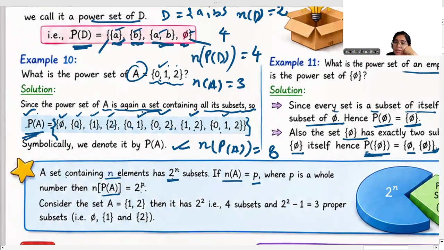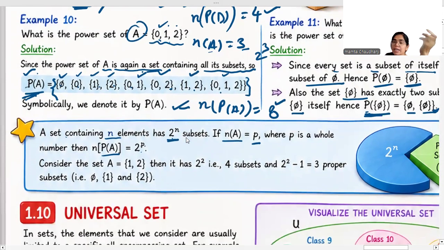For example, here in D, we were having 2 elements. So in its power set, there will be 2 raised to power 2, that is 4 elements. In A, 3 elements. So in its power set, 2 raised to power 3, which is 8 elements.